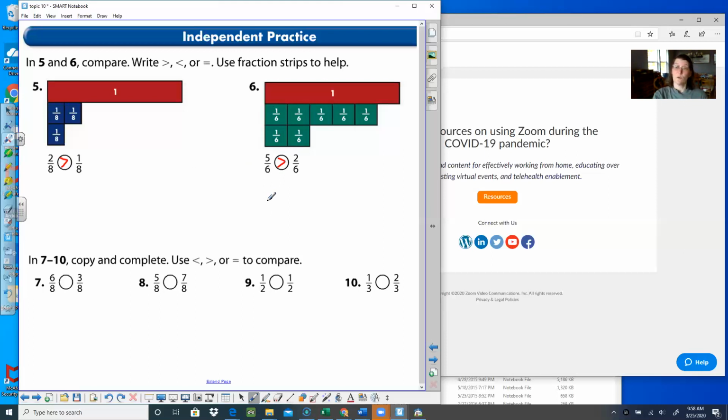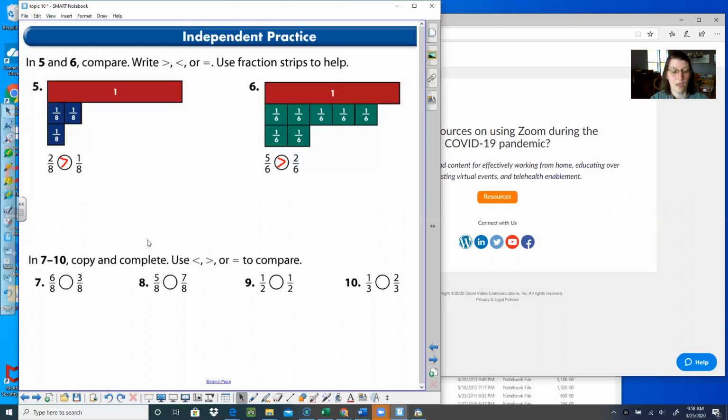Now on these next ones, we do not have the fraction tiles, but remember, the motto of the day is as long as our denominators are the same, the fraction with the greater numerator is the larger fraction. I am going to type that real quick, and that way we have it to look at.